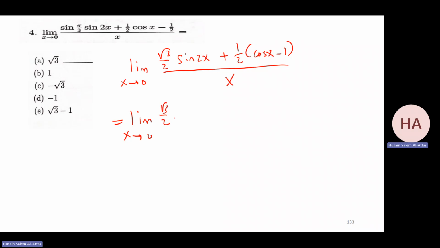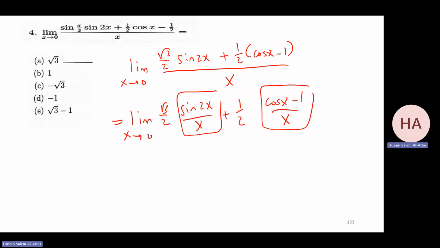Let's go to 3 over 2 sine 2x over x plus half cosine x minus 1 over x. These are special limits. So you have square root of 3 over 2 times 2 plus half times 0. So the answer is square root of 3, which is this.